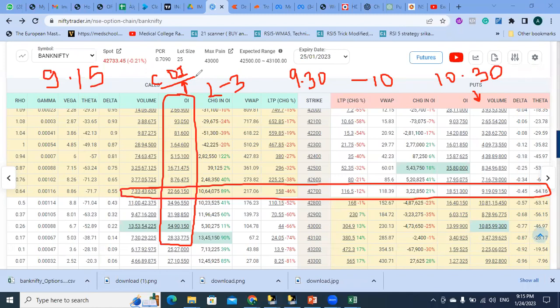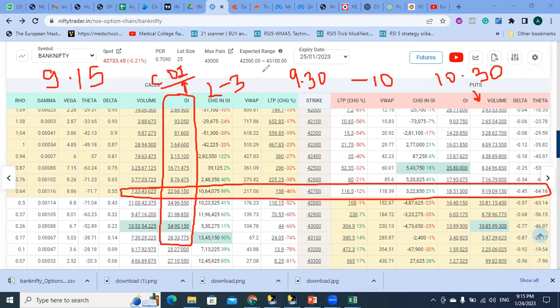That means they are more confident of either keeping Bank Nifty below 40,700 or maybe even below 40,600, 40,500 levels. But they are increasing in number. So I get an idea that the market is likely to go down.